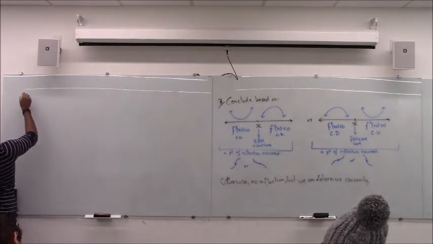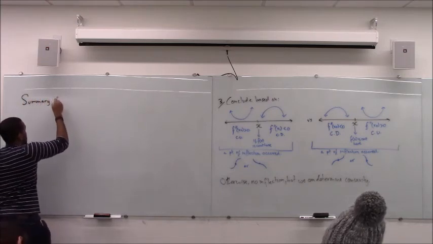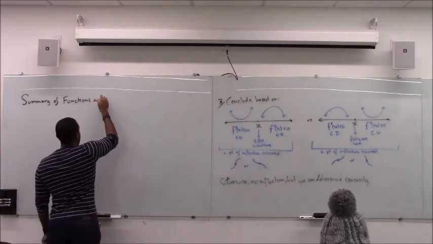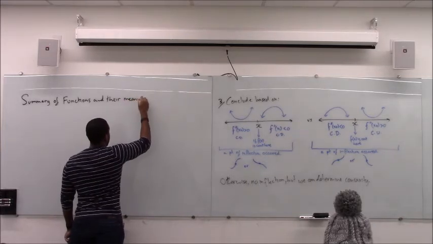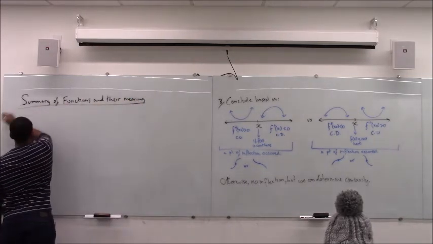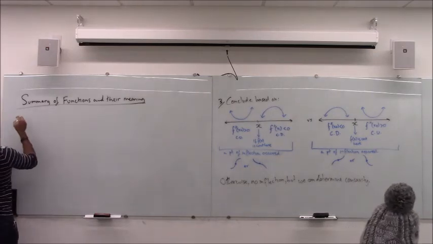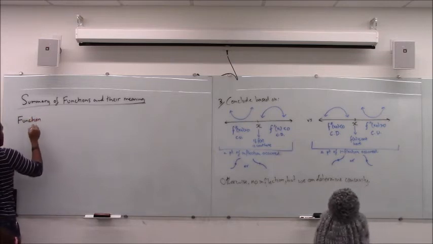Now, I just want to summarize the main ideas that we were talking about last class and today's class, functions and their meaning. To make sure we all know what each function can do for us. So let's say we're looking at a function.